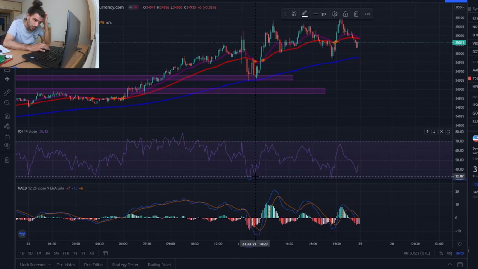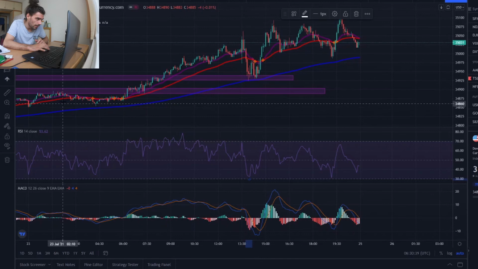32.87, so pretty close, but this is something that you have to decide for yourself if you want to take the trade here. I personally prefer the RSI being much lower. So this could have or would have happened if we retested this support line here and not this one.